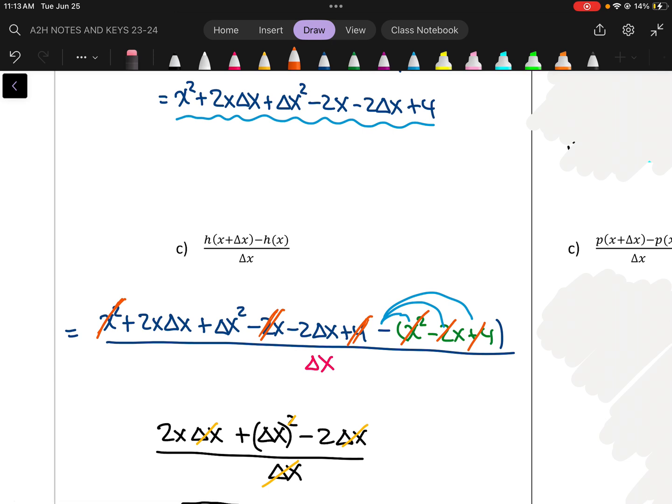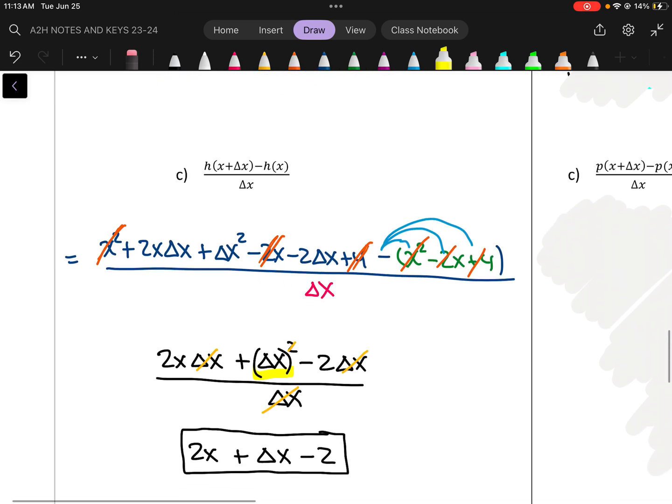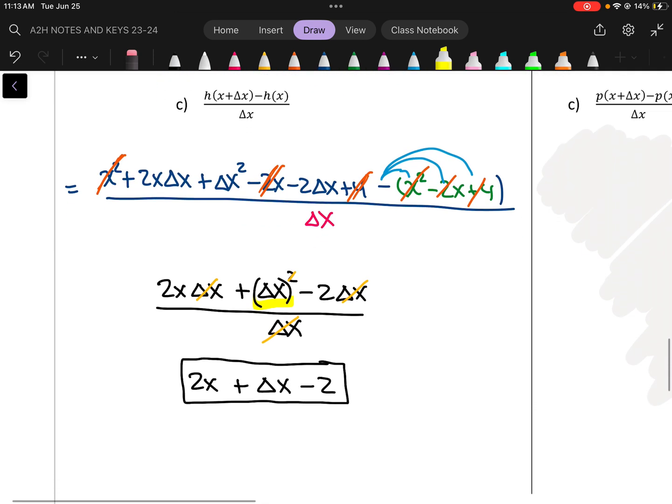If you're someone that gets confused with the x's and delta x, it's a good idea to put something like delta x in parentheses when it's being squared. That's what you're left with as that middle term, so that's what I did right here. And hopefully we see that delta x actually is common to everything here, and when we divide it all out, you get 2x plus delta x minus 2 as your simplified difference quotient.